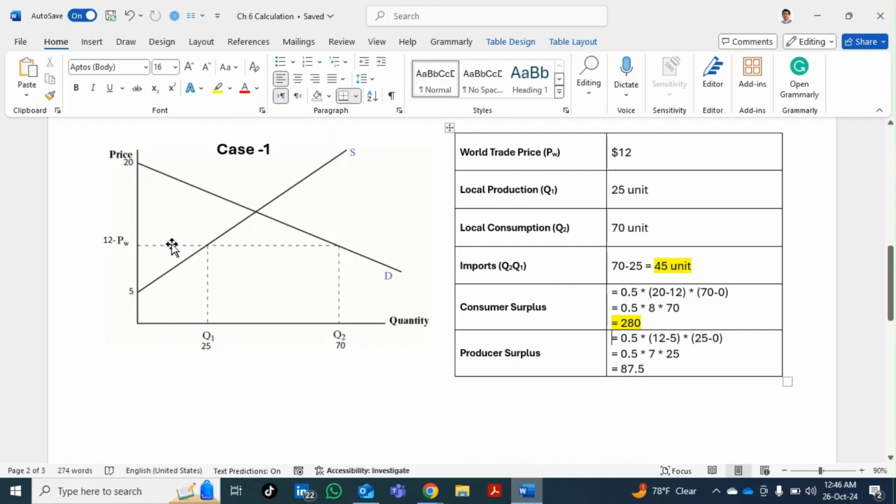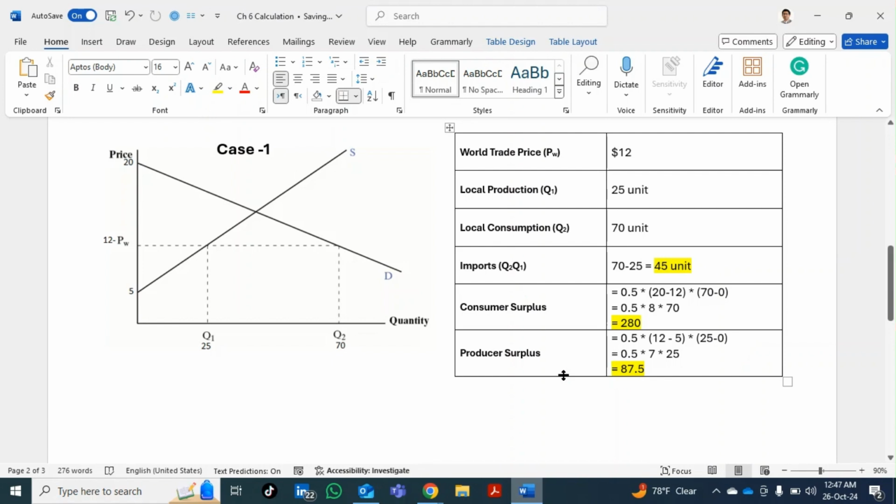This is a triangle, so we calculate half of the area, multiplying by 1 over 2 or 0.5, multiplied by 12 minus 5, the difference between the maximum and minimum price, multiplied by 25, the maximum unit. So 0.5 multiplied by 7 and multiplied by 25, and we get the answer, 87.5. That is the producer surplus in the free market before the trade.